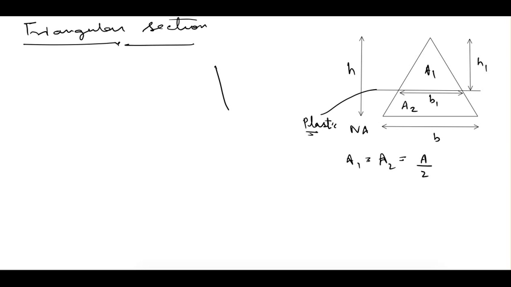And now if we talk about the elastic neutral axis, that will pass through the centroid of the section. So this depth here would be equal to 2h by 3, this would be equal to h by 3, and we can find out the elastic section modulus as I upon y max, and this I here would be the moment of inertia about the centroid of the section.